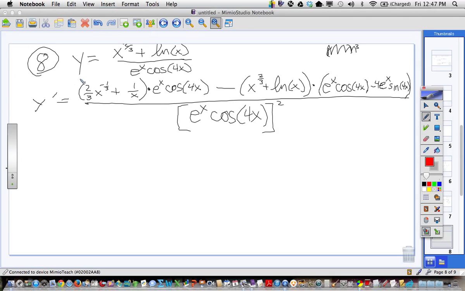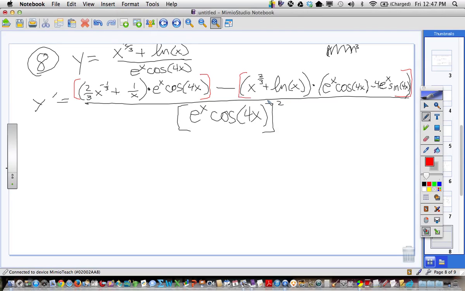Now here's what I want to talk to you about. So in a quotient rule, you always have this part, the u prime v, minus this part. So what you're looking for is stuff you can factor out of each of those red groups. Now, does anybody see anything? Well, there is an e to the x, but we'll get to that one. What about the cosine 4x?